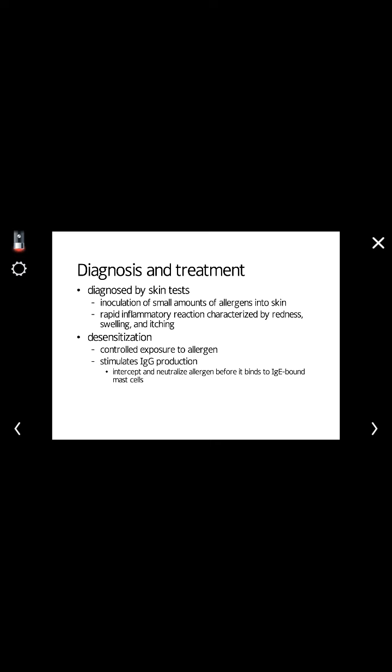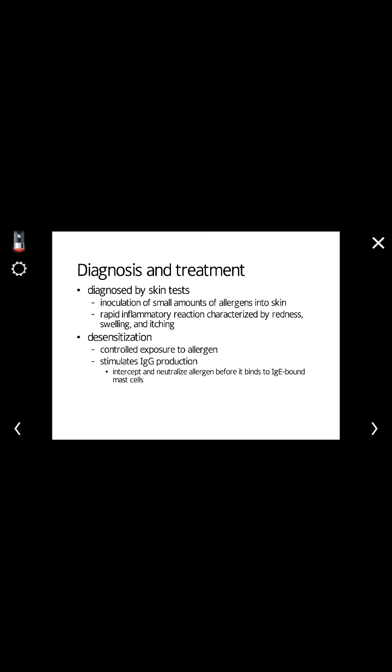So desensitization is when you control exposure to the allergen and stimulate IgG production, which will then intercept and neutralize the allergen before it binds to the IgE-bound mast cells and causes the mediators to be released that would cause inflammation, which you don't want.